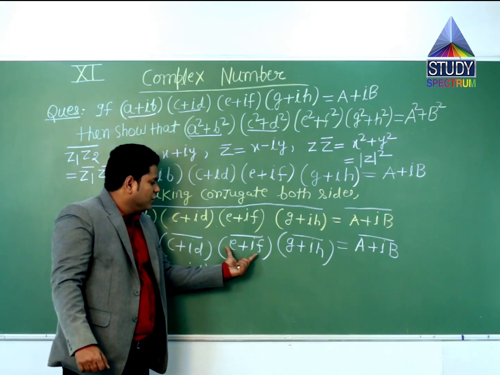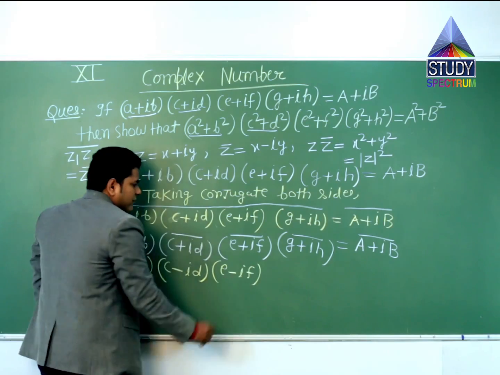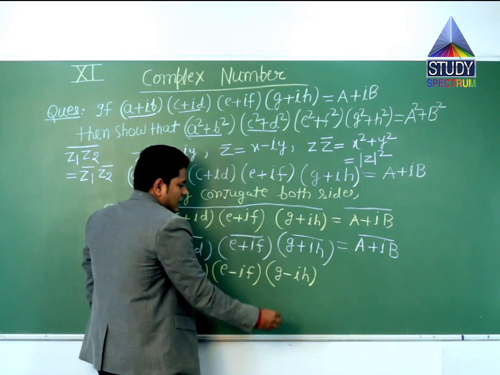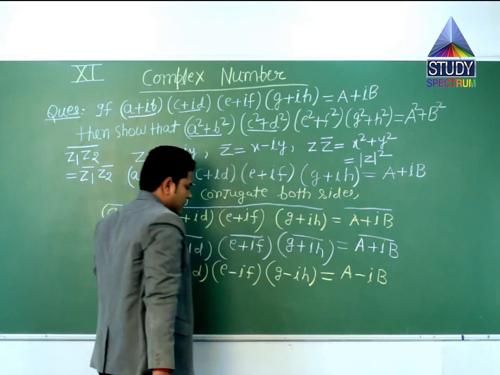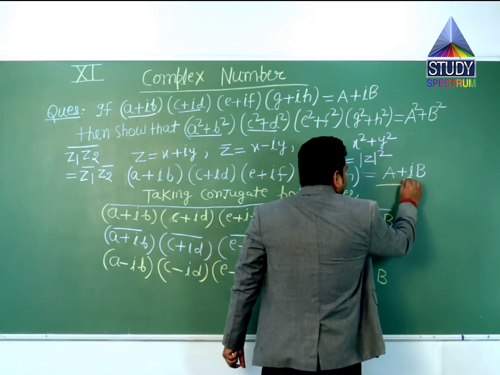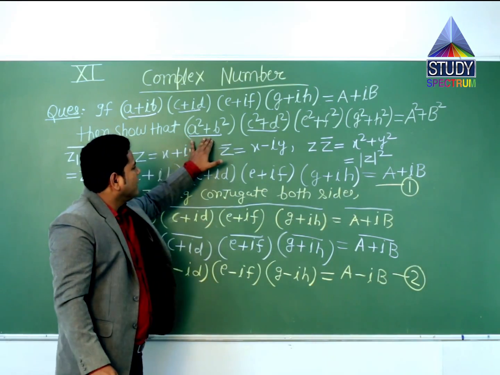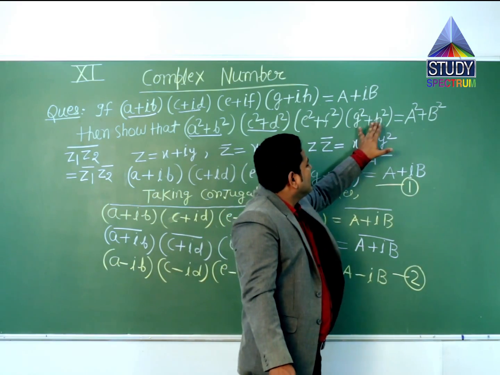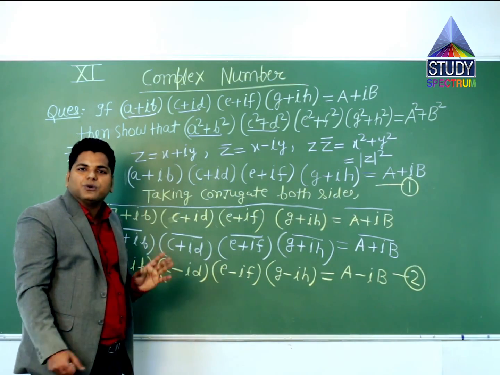In the same way, conjugate of e plus if, you will get e minus if, and in the same way g minus ih, and on the right hand side it will become capital A minus i capital B. Okay, now we are multiplying this. Suppose this is equation 1 and this is equation 2. So for getting a square plus b square into c square plus d square into e square plus f square into g square plus h square, and on the right hand side capital A square plus capital B square, we have to multiply equations 1 and 2.